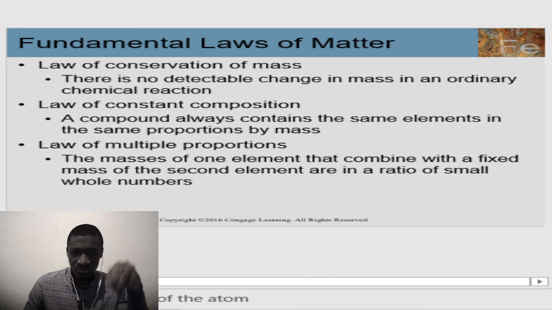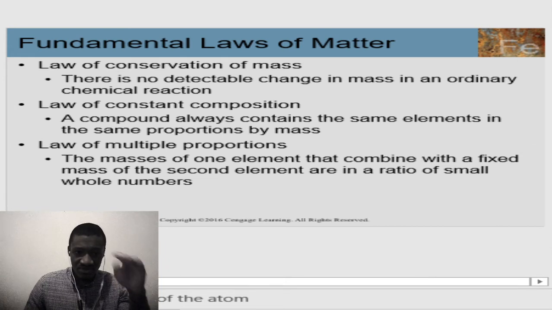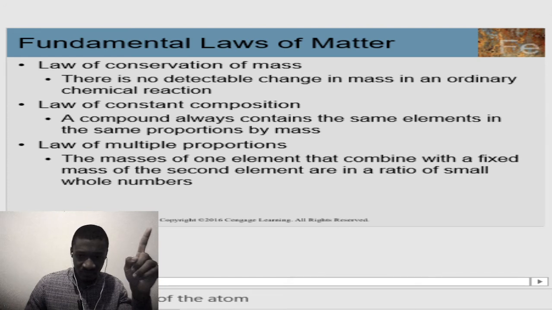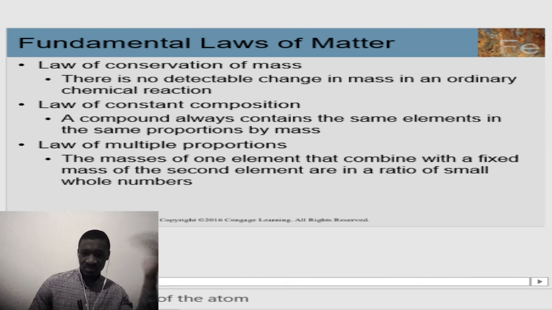That means the composition will always be constant throughout. So it's the same elements and the same proportion. Take for example water. It's H2O, so it's going to be 2 to 1. Every time you see it, it is 2 to 1. The proportion might increase, but it will be 2 to 1.